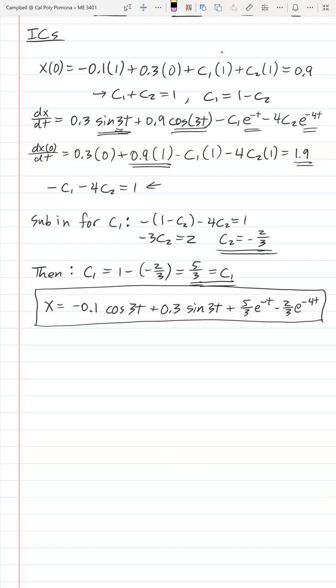So with that, let's go ahead and sum up. Summarizing, what have we found? We found that we have a method now for finding the particular solution.